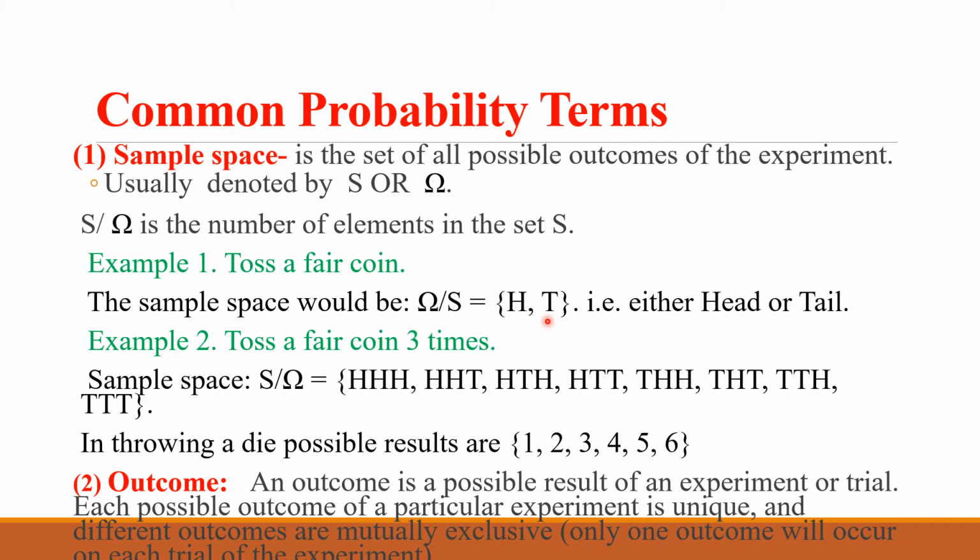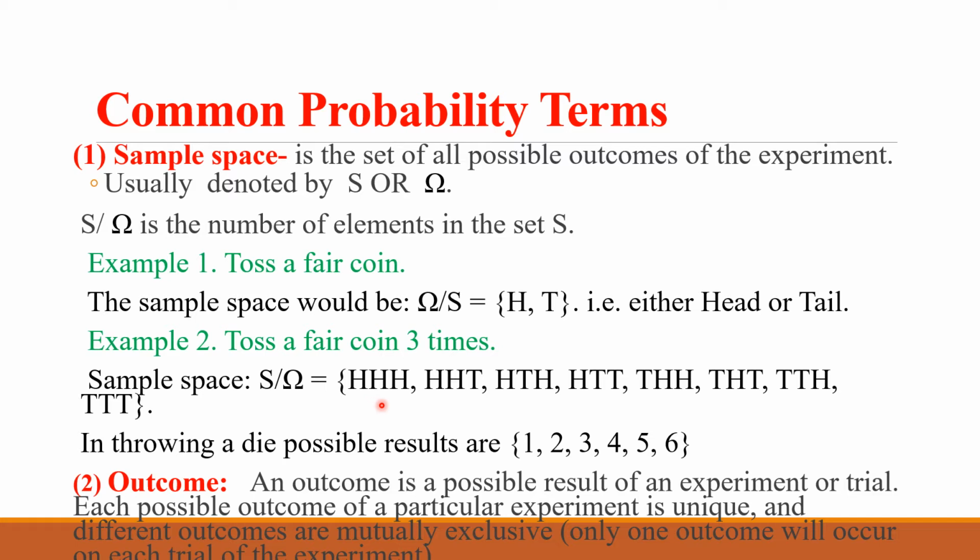So therefore H and T constitute the sample space. If you have a coin and you're tossing it 3 times, then we expect the sample space to have all the possible outcomes of this toss.